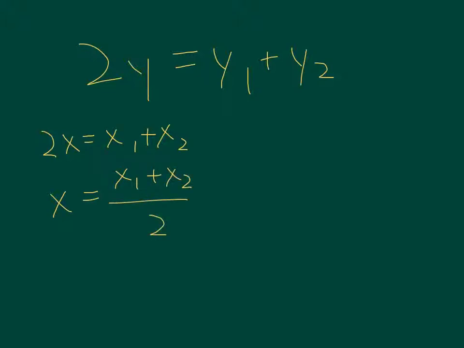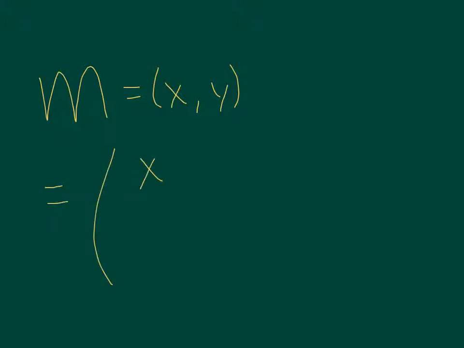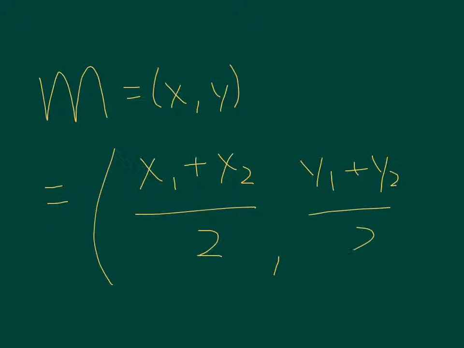And from that, you will get y equals y sub 1 plus y sub 2 over 2. These two will then form the midpoint formula. M equals (x, y), which is ((x sub 1 plus x sub 2) over 2, (y sub 1 plus y sub 2) over 2).